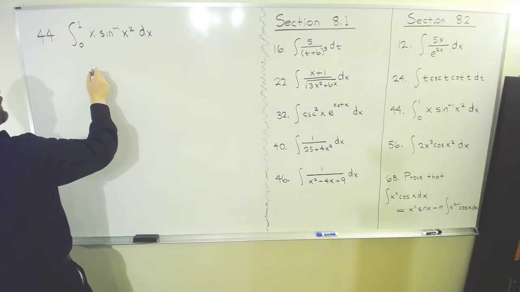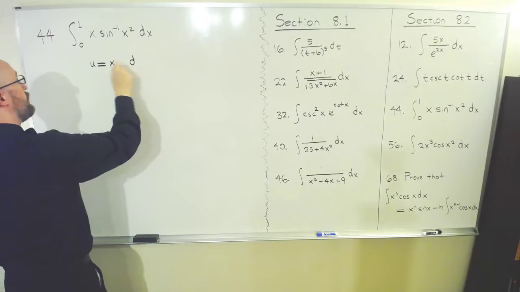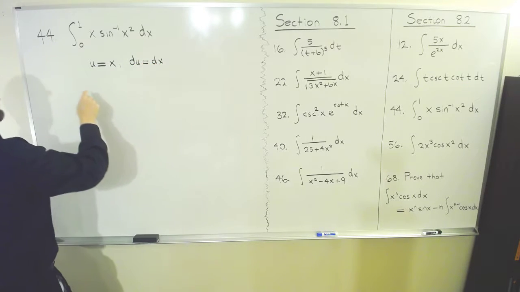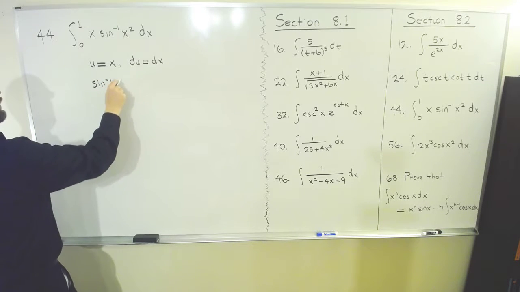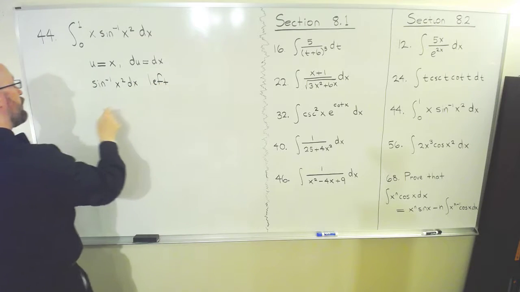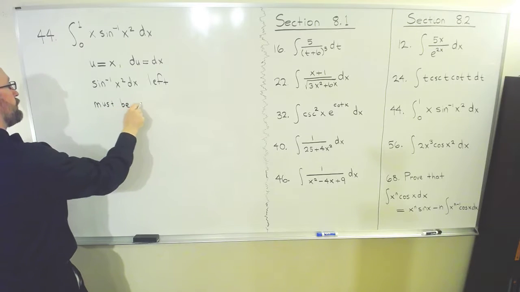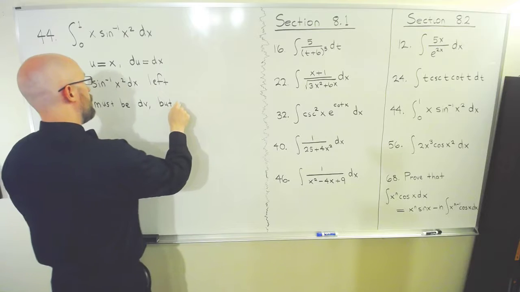Now you could try to just do integration by parts directly. You could say, for instance, u equals x, du equals dx. But then what would happen is you would have inverse sine x squared dx left. So this must be dv, but how would you integrate it?